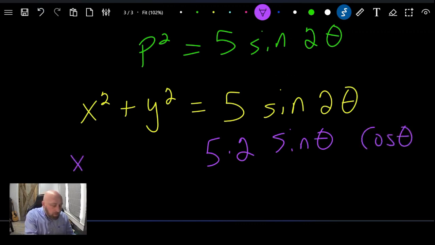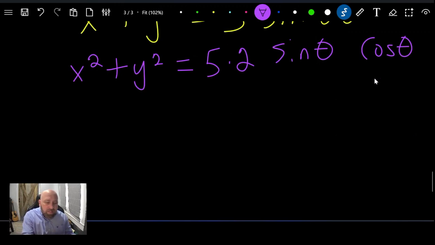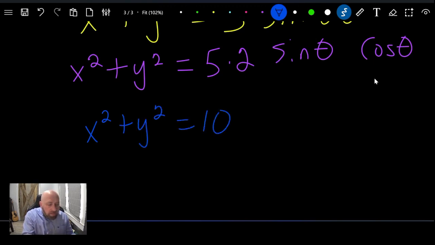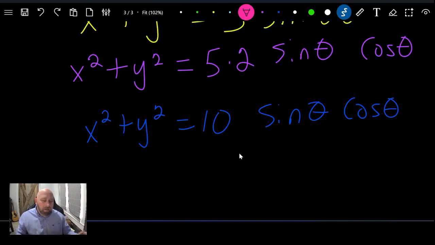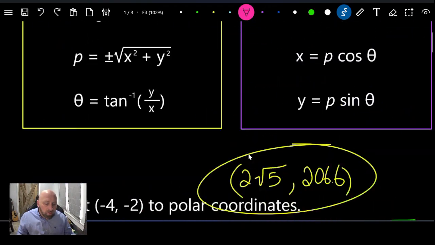And of course, we would still have the x squared plus the y squared out here. Now what we can do is clean this up a little bit. We can multiply that together, and that would give us 10. So x squared plus y squared equals 10 sine theta cosine theta. Now, these things we can sub in from what we've done up here.